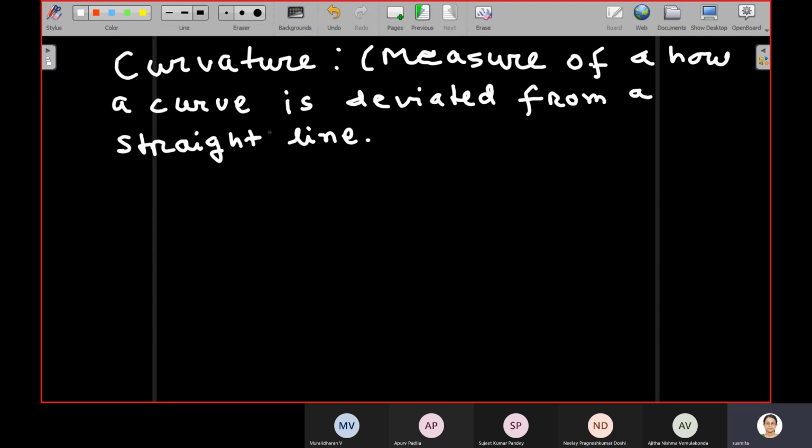Okay. So the notation is K. Let's consider the curve like this, and we are interested in finding its curvature at this point. So we take another point at an infinitesimally close distance, and the distance between these 2 points is ds along the curve. Okay.